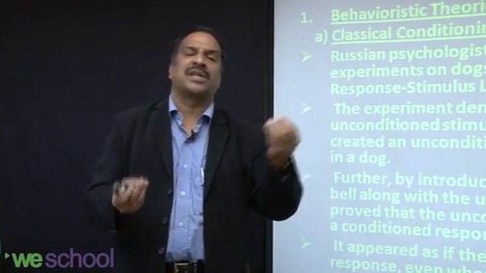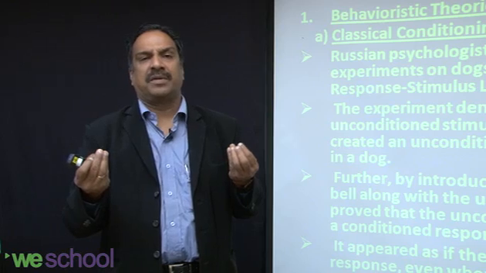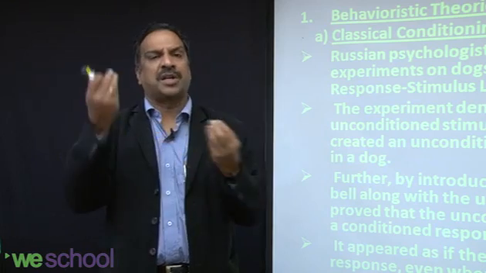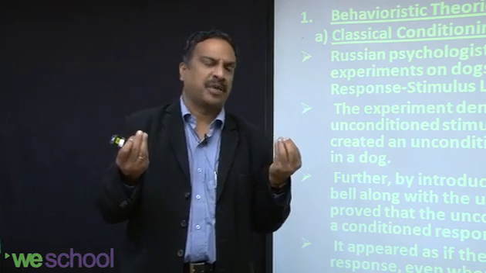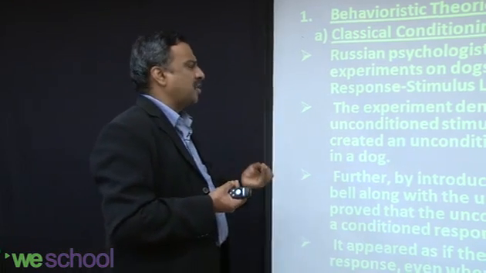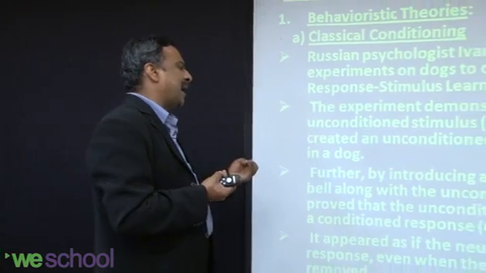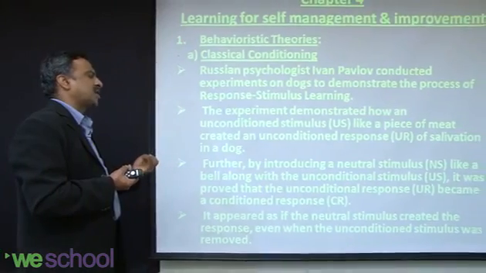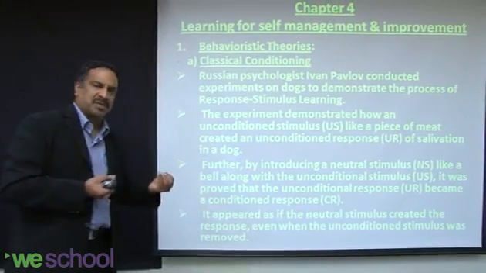The meat was the cause and the salivation was the effect. So the unconditional stimulus, the meat, created an unconditional response of salivation. Further, he introduced a neutral stimulus like a bell along with the unconditional stimulus. It was proved that the unconditional response became a conditioned response.